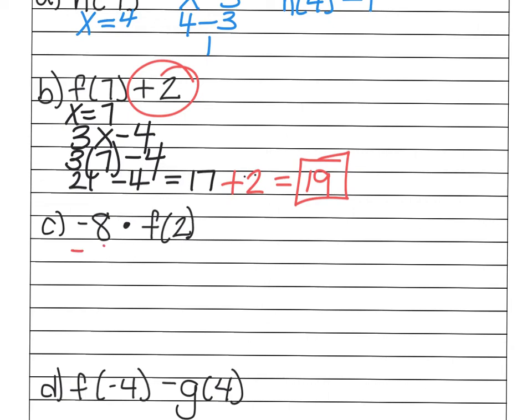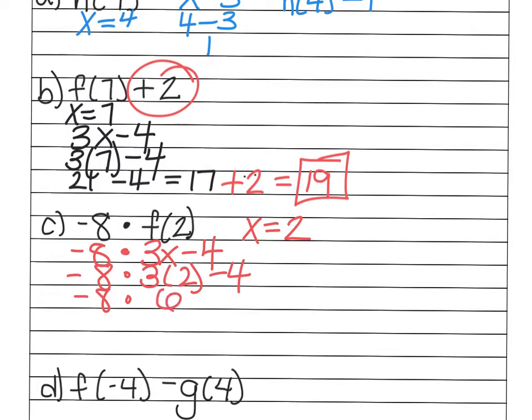It's negative 8 times 3x minus 4. And since it's 2, that means that x equals 2. So we're going to have negative 8 times 3 times 2 minus 4. So I have negative 8 times, be careful with your order of operations, 3 times 2 is 6 minus 4.